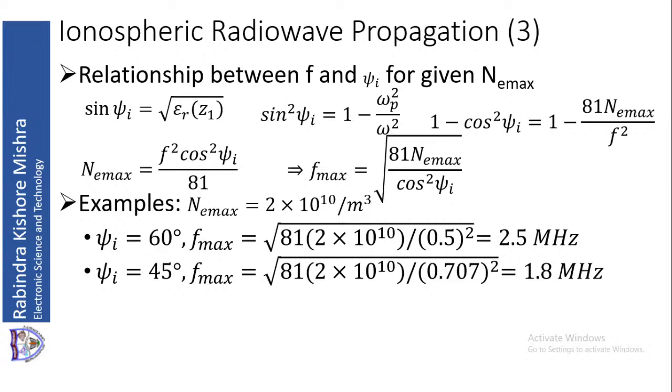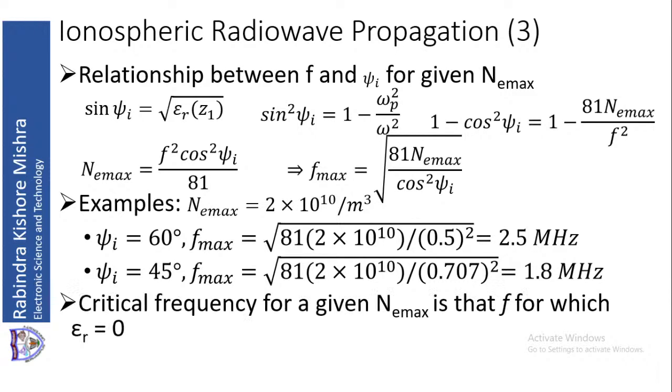Similarly, for a given Ne, the maximum value of psi I that results in a ray returning to the earth increases with frequency, that we have seen. You increase the frequency, psi I keeps on increasing. So this part we have seen in these two examples.